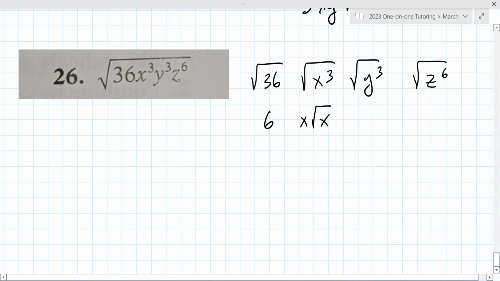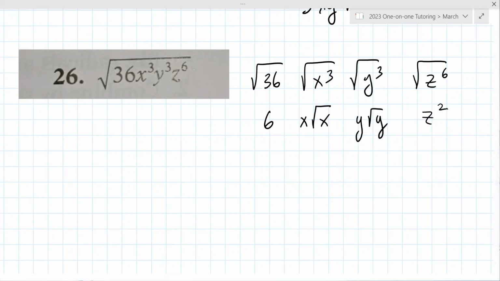Okay. How about the next one? Y square root of y. Then z squared. Yes. Okay. Great. So now you've got to piece it all together.